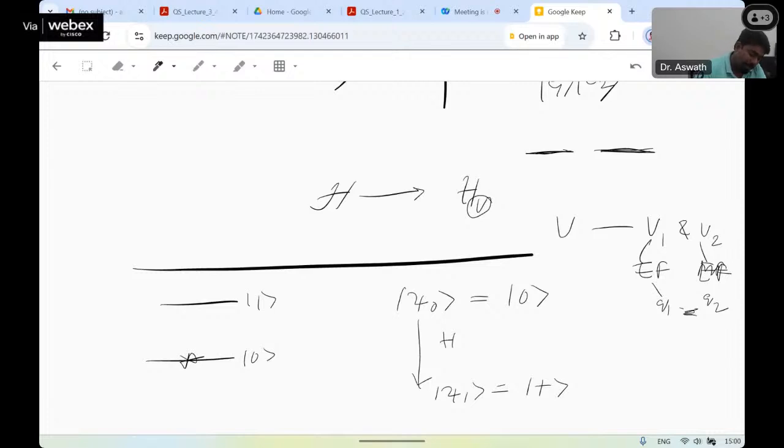How it is done is, I am sending a pulse of photons. The area of the pulse is actually pi by 2. Each photon in this pulse has energy that matches this separation. One photon raises the electron there. The electron would stay there for some time, let's say microseconds, because that is the lifetime.